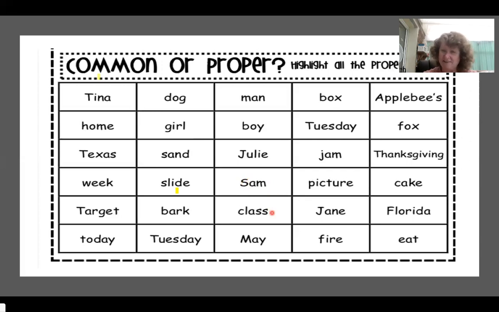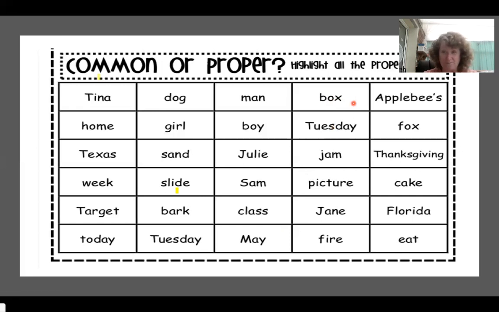Okay, class. Any class. What about this one? May. So May is the name of a month of the year. So that is a proper noun and it has a capital at the beginning. Right, box. So that could be any box, couldn't it?